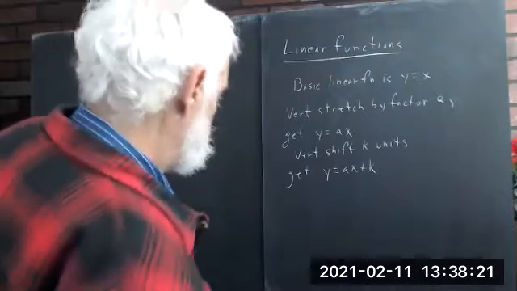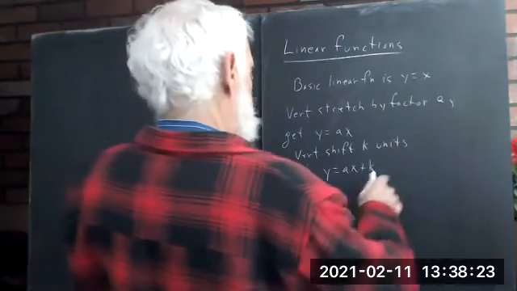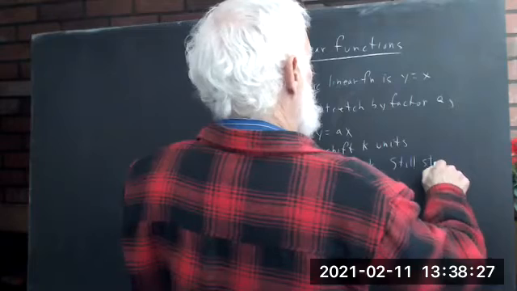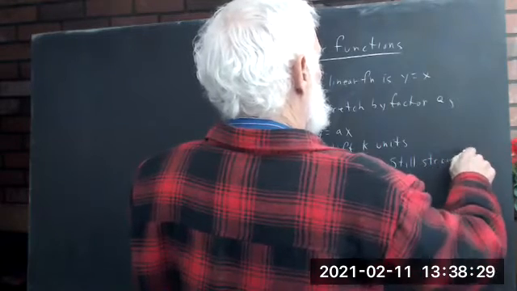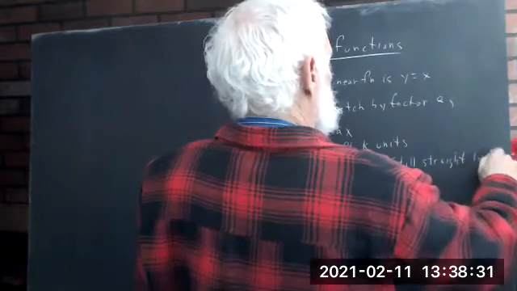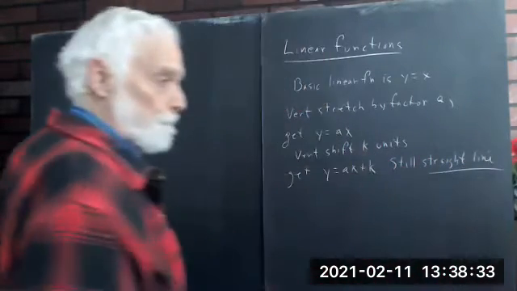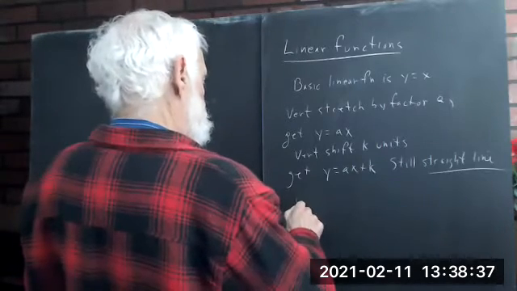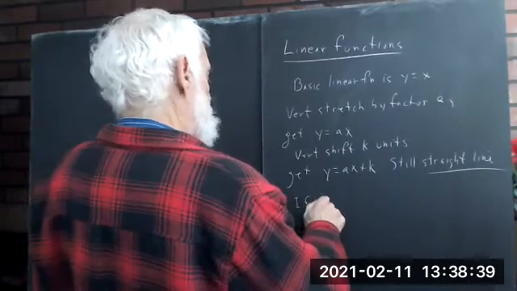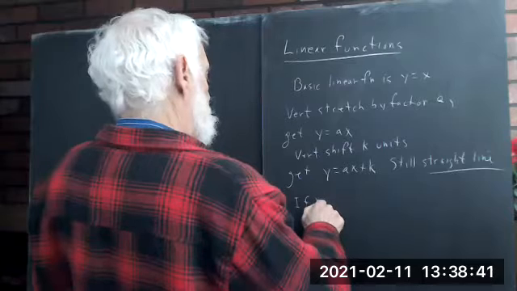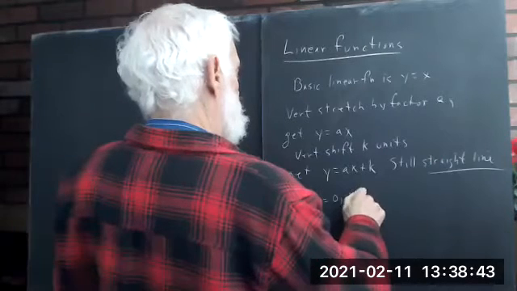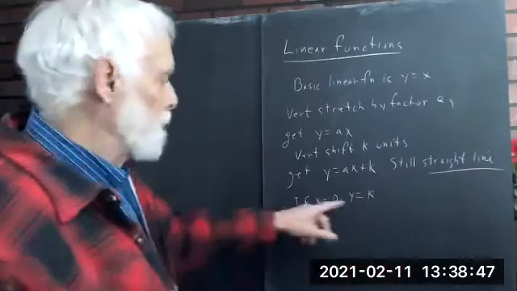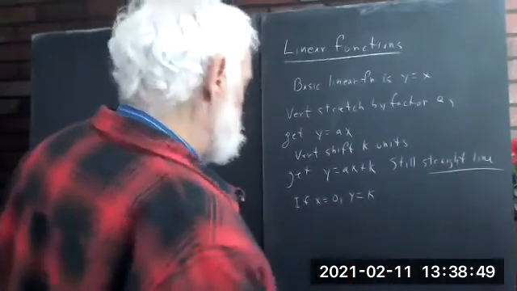Now, still a straight line. If x equals 0, y equals k.